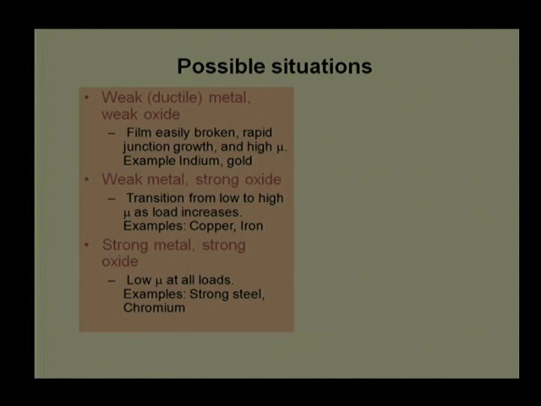The oxide layer has a strong bonding on the metal. In that case, irrespective of the loads, because the strength of the bond is very high, it can sustain all the loads over a reasonable extent of region. It is not going to rupture immediately under slightly higher or moderate load.